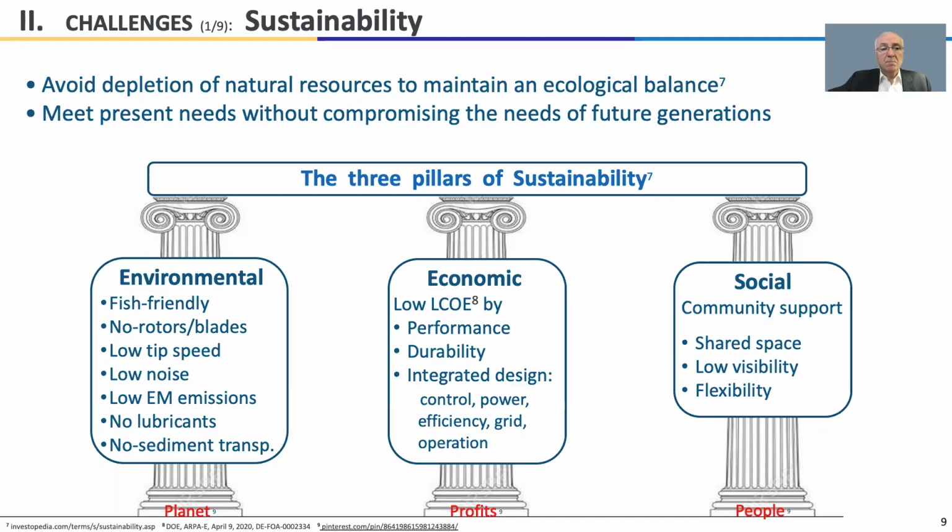In other words, meet the present needs without compromising the needs of future generations. Sustainability has three pillars, the three Ps: planet, profits, people. And those translate to environmental, economic, and social challenges.